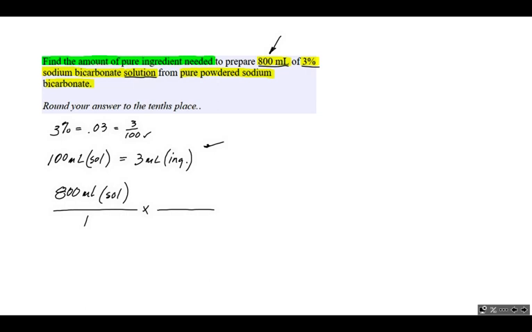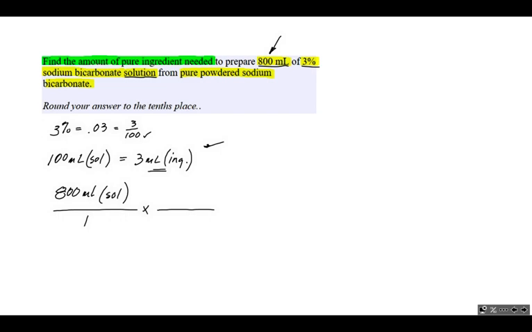Remembering that we want to be able to diagonally cancel the units that we're trying to eliminate and be left with the units that we're trying to get to. We want to find milliliters of this pure ingredient. How much pure ingredient do we need? So we want to be left with ingredient on the top.